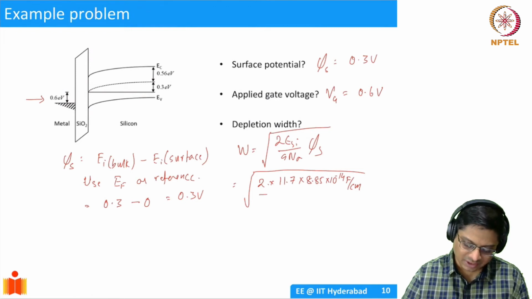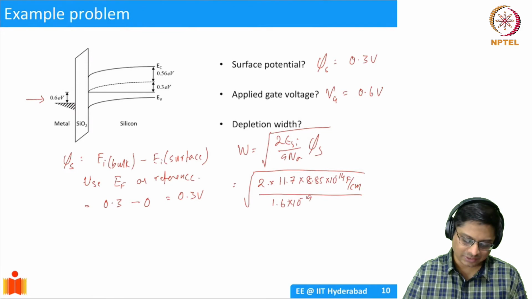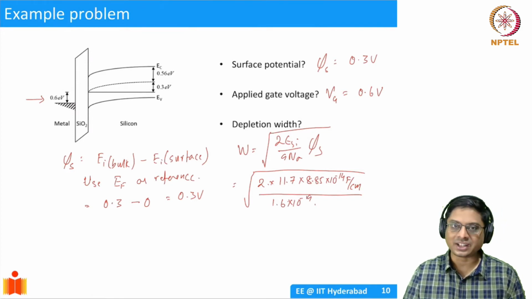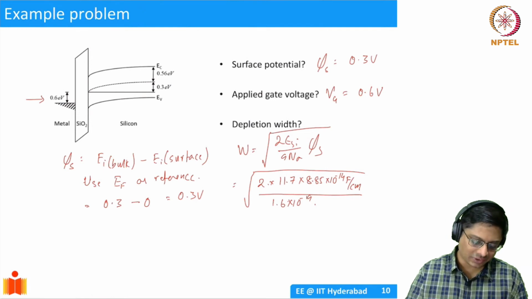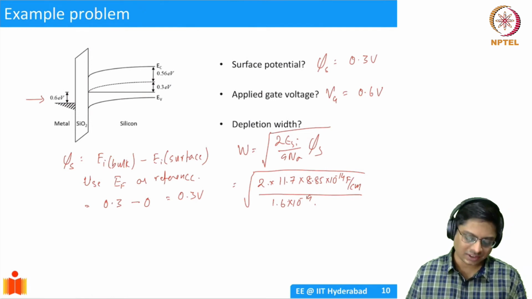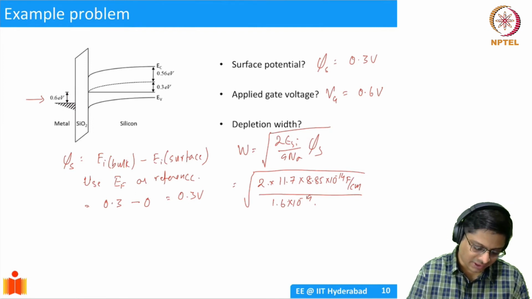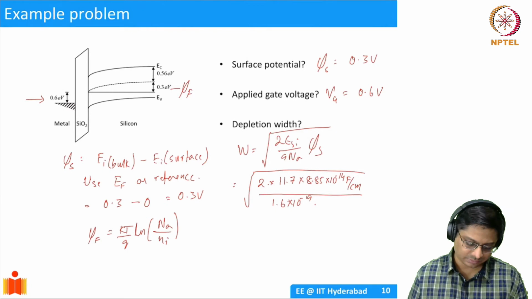So this is divided by Q. If you forget that, you will definitely not get correct answers. Okay, NA, how much is NA? Well, we didn't calculate NA, but is it available to us? Well, NA is simply determined by the distance of the Fermi energy from EI in the bulk. This is phi f, right? So phi f equal to KT by Q ln of NA by NI.